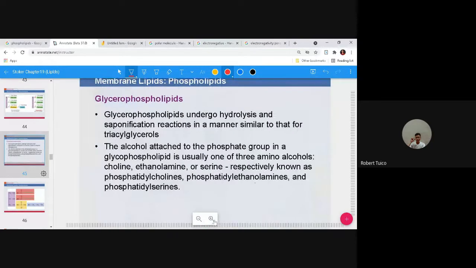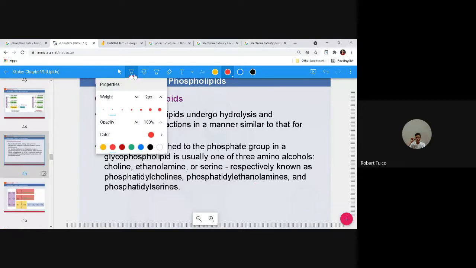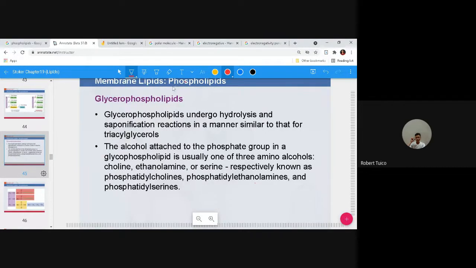Glycerophospholipids undergo hydrolysis and saponification reactions in a manner similar to that for triacylglycerols.